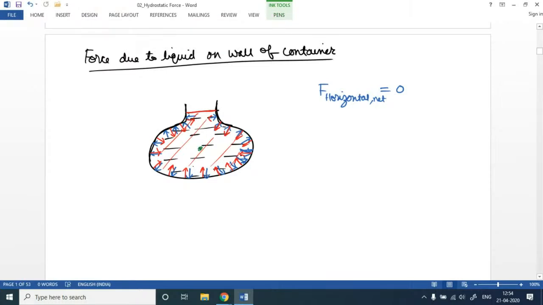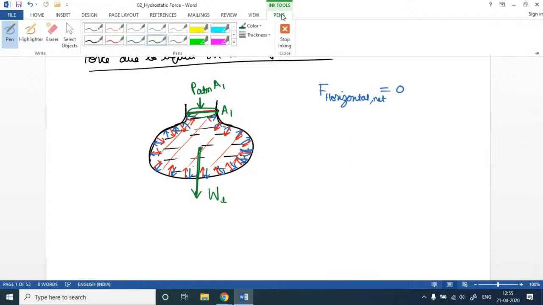One is its weight, in the vertically downward direction, that is the weight of liquid. And the atmosphere is also pressing this. If this area is A1, then P ATM into A1 is the force exerted by the atmosphere on this liquid. So let's collectively draw the free body diagram, and let's draw it separately.